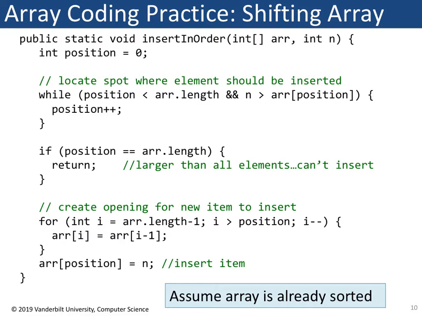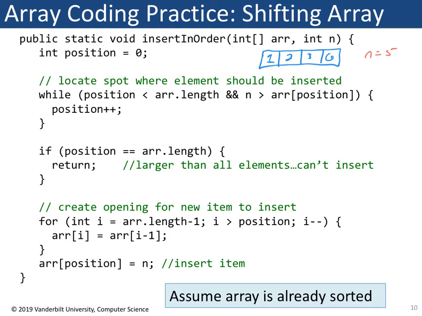So if we had an array that was populated 1, 2, 3, 6, and n was equal to 5, position equals 0.